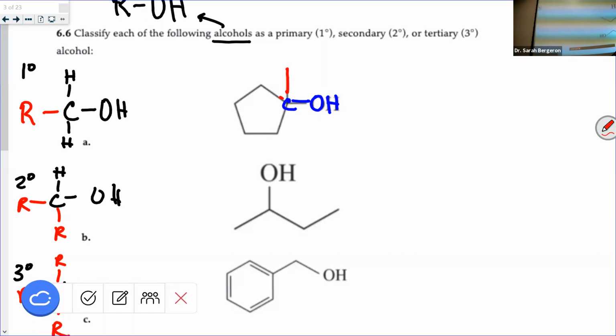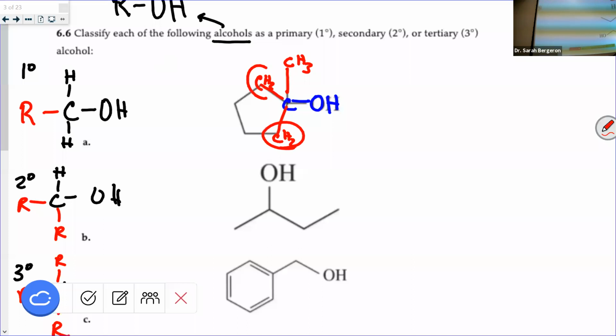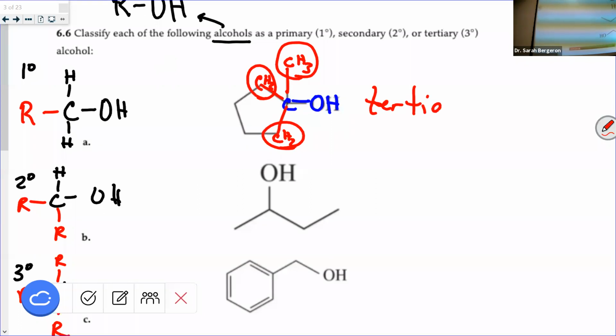That's a carbon, that's a CH3, right? This is a carbon, CH2. This is a carbon, CH2. So how many R groups do I have? 1, 2, 3. So what kind of alcohol? Tertiary. And you can just put the 3 with the little degree sign too.